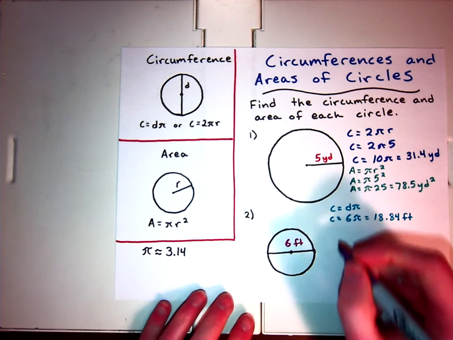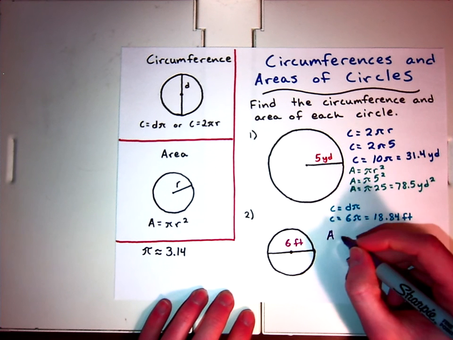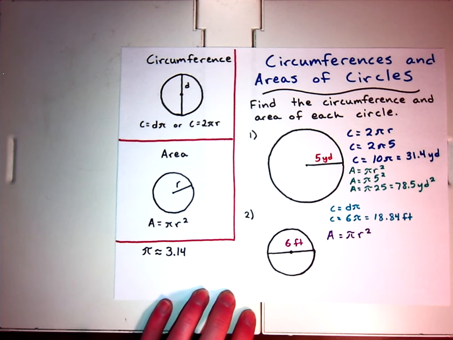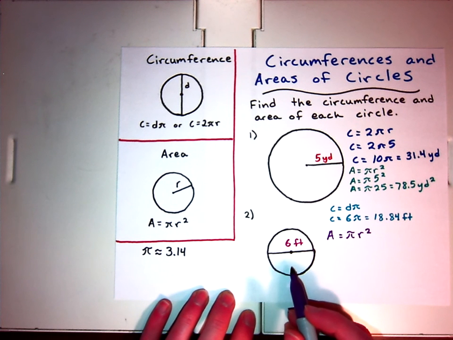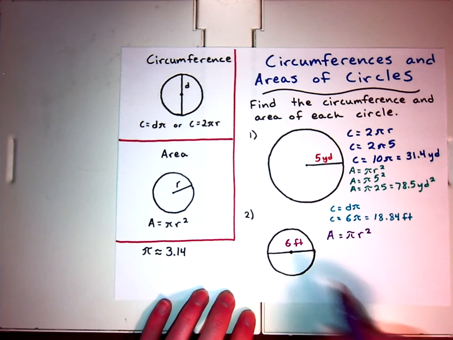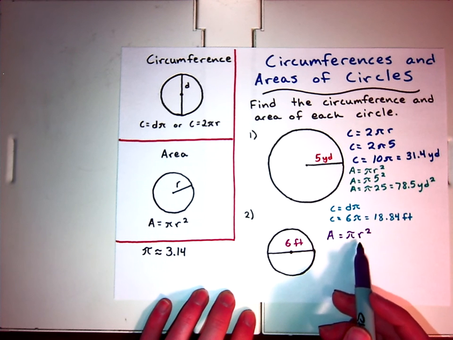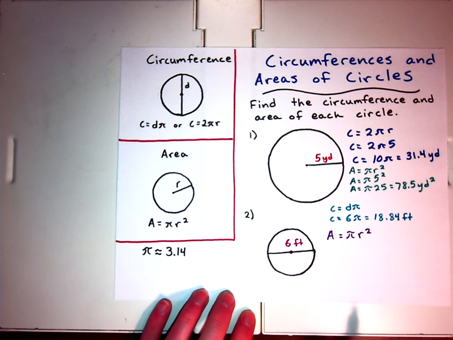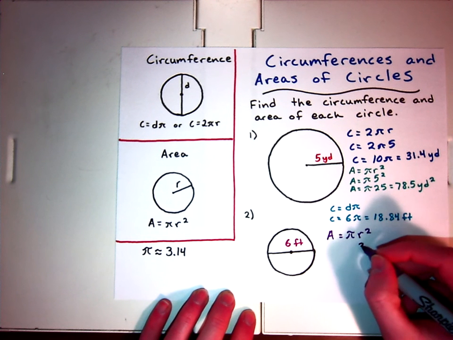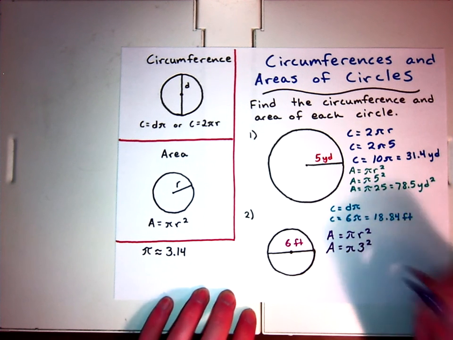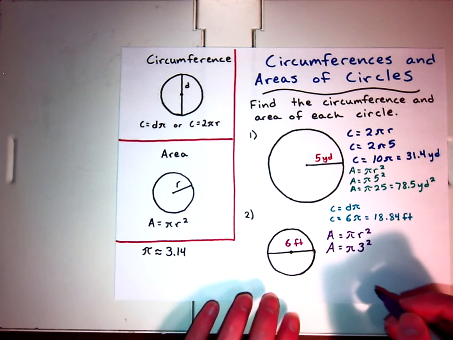For the second part, I need to find the area. Area equals pi r squared. This time I'm given the diameter. So, do I just plug in the 6? I do not, because that's a d. I need a radius. Remember, a radius is half of a diameter. So, what's half of 6? It's 3. So, my r is 3 for this problem. A equals pi times 3 squared.